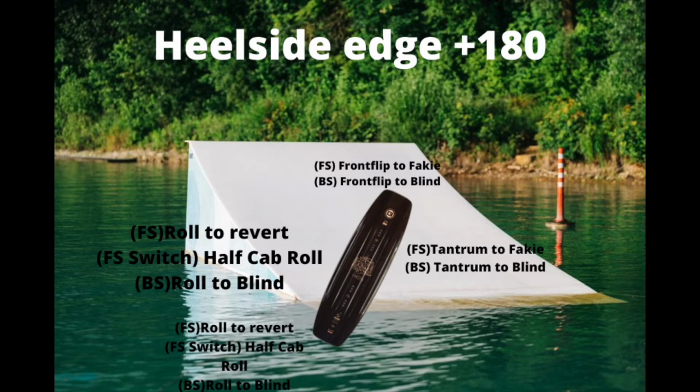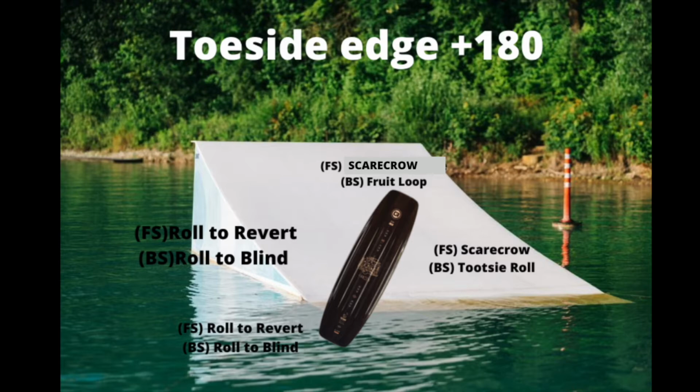And if you roll over your toe side edge, it has the exact same names as the tail. So you have roll to revert, half cab roll if it's switch, and roll to blind. If you're coming in on your toe side edge and you cartwheel over your nose and do a front side 180, it's called a scarecrow. If you do a backside 180, it's called a fruit loop. If you roll over your toes and do a front side 180, it's called a scarecrow.